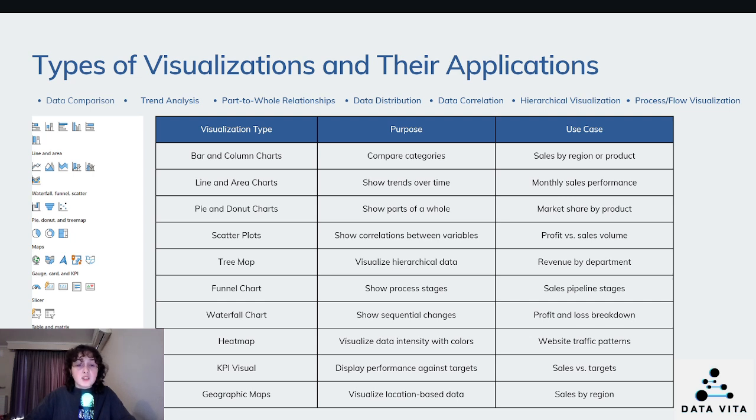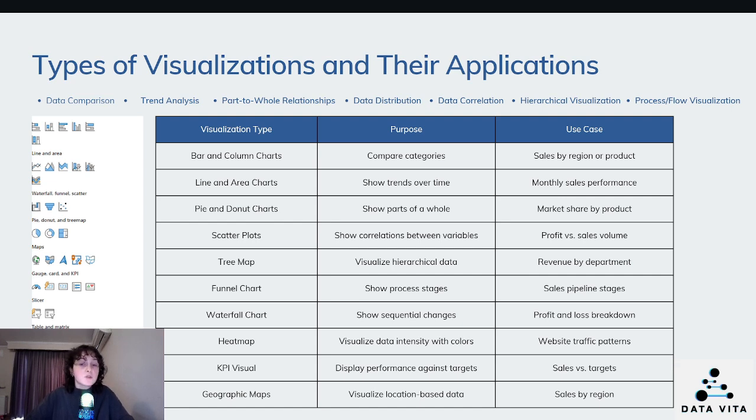Pie and donut charts are best for showing proportions, for example, displaying the percentage share of sales by product category. Scatter plots are useful for highlighting relationships between two variables, for example, examining the correlation between marketing spend and revenue. Treemaps are great for showing hierarchical data in a visual format, for example, breaking down revenue by department and sub-department.